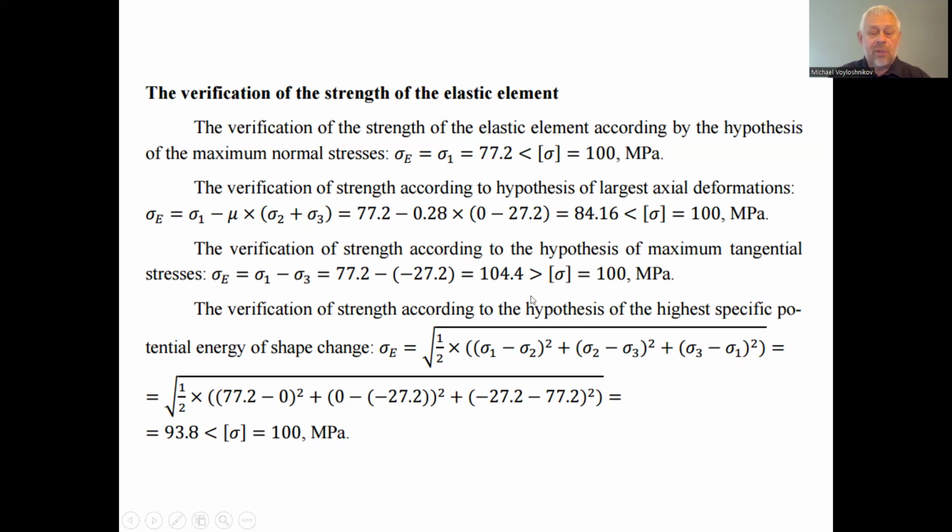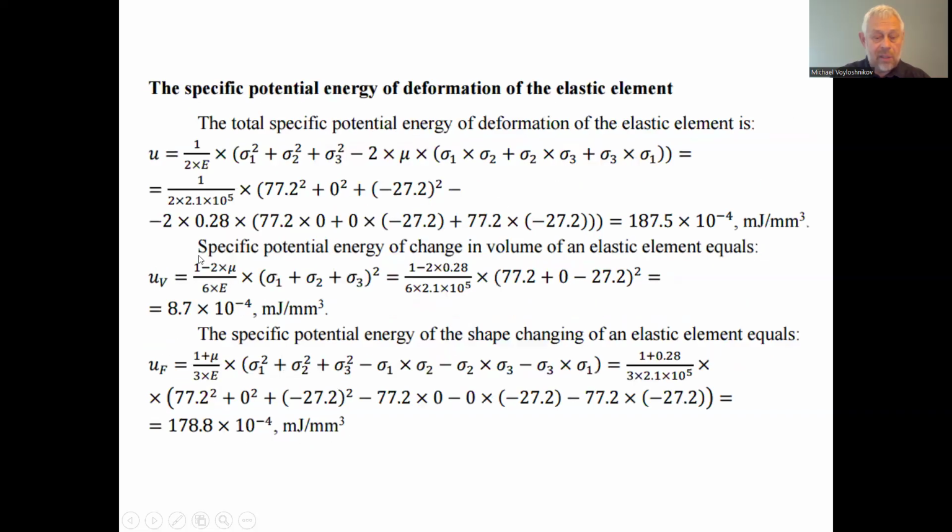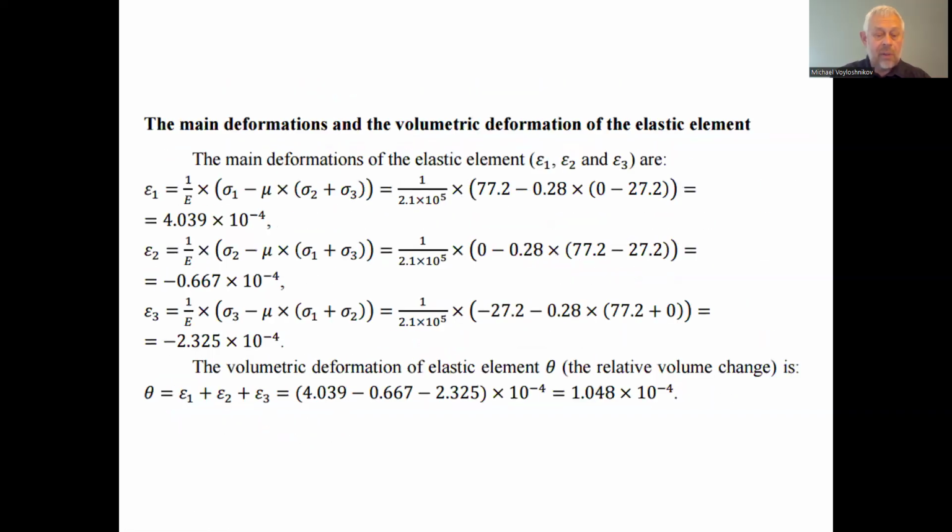The verification of strength according to the hypothesis of largest axial deformations. Which deformation is actual? Let's consider here. Okay, deformation 4, just the magnitudes without sign, 4.039, etc. The first one is the maximal deformation, 77. Let's consider what we have in the brackets here.